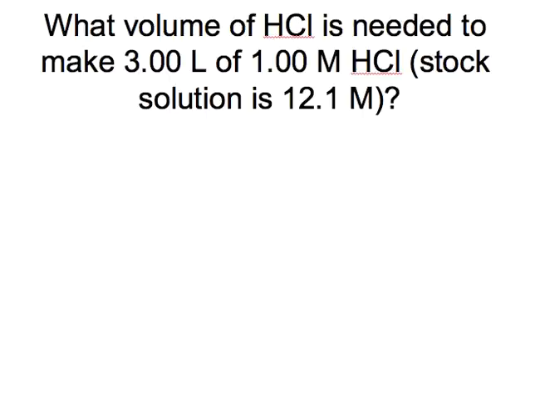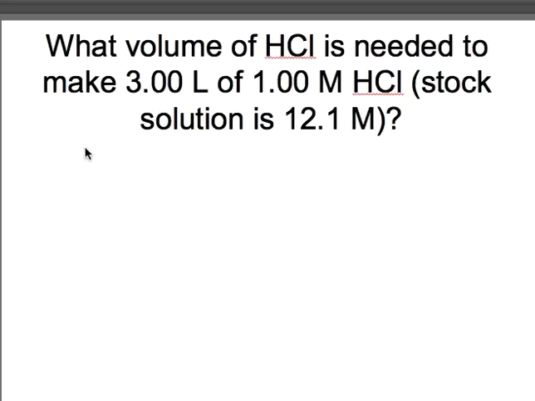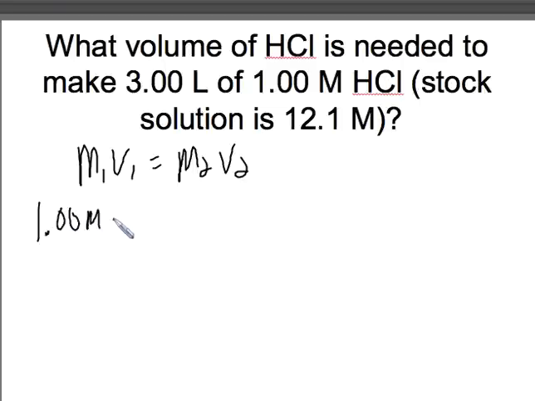This is a little bit more of a practical situation of something that I would need to mix often, and that is taking some stock solution of hydrochloric acid and trying to dilute it down to concentrations that we would use in a classroom more often. So I'm going to use M1V1 equals M2V2. It doesn't matter which side you set which to, so I'll just put what I'm looking for on the left-hand side right now, times V1, which is 3.00 liters, and my stock solution is 12.1 molar.